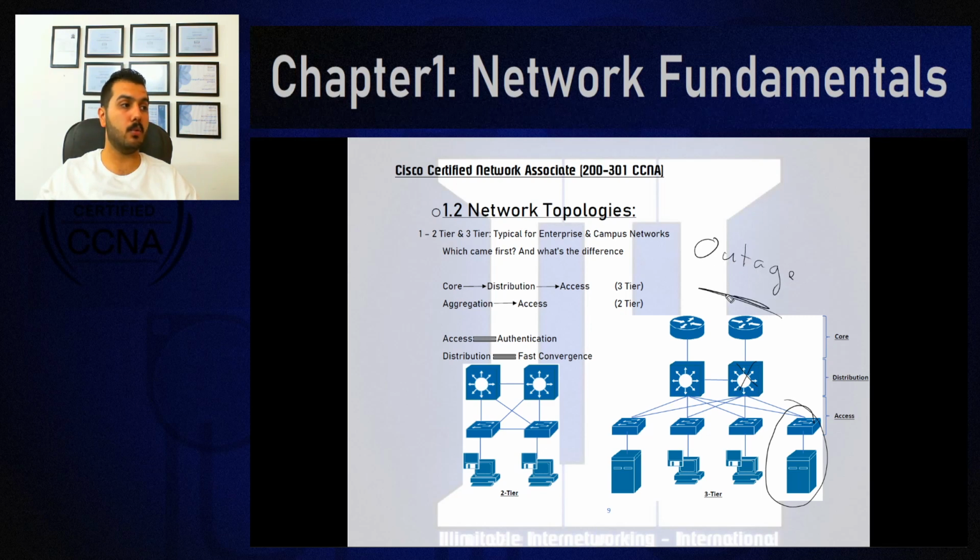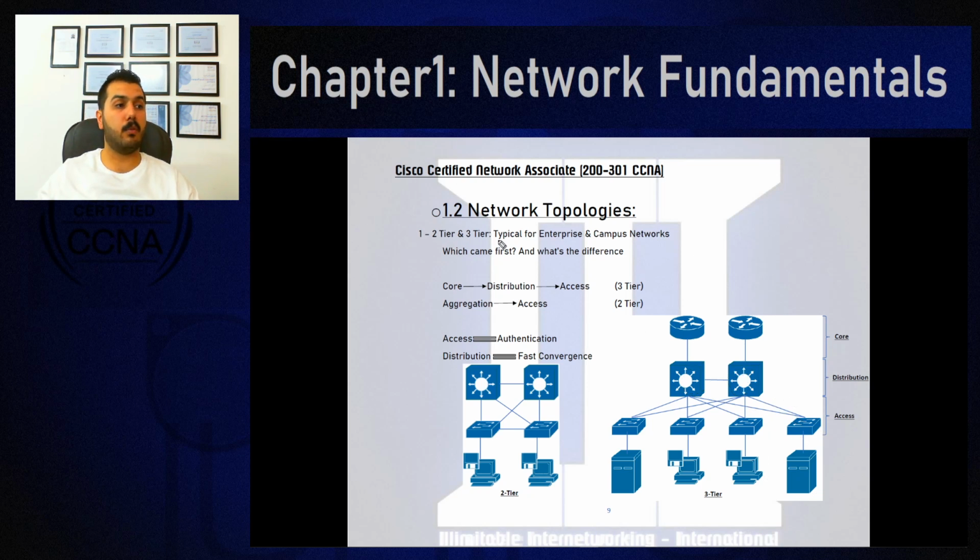Outage is where you lose service, where you are unable to get to the internet or beyond your network. Okay, this is outage. So this access switch that I am connected to is connected to distribution devices in case a failure happens. That's first, and even these should be connected to routers, but that depends on your design. This is called redundancy.